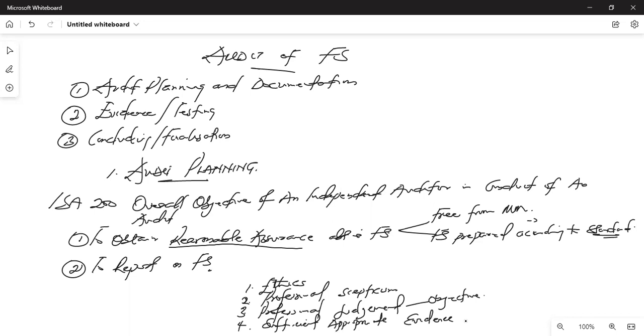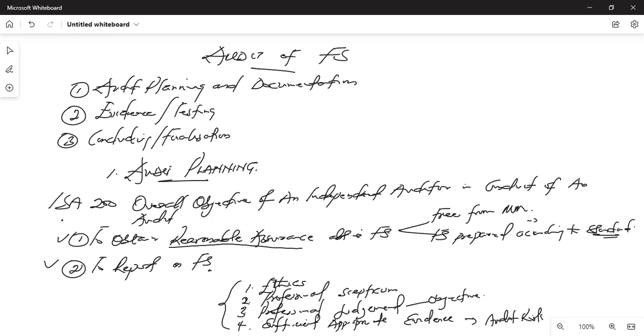And this here, we'll be looking at audit risk. So these are what the auditor needs to achieve. These 4 things are what he needs to achieve these 2 objectives. So that is what we are going to delve into.